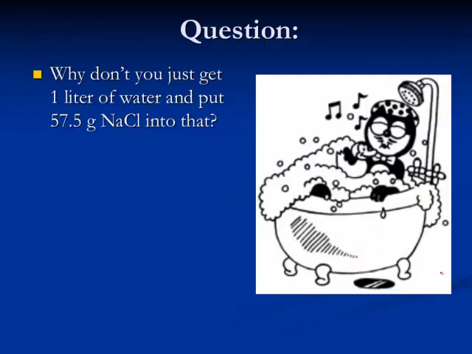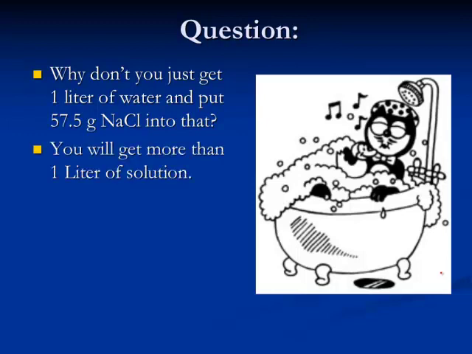Alright, well, here's a really valid question. Why didn't I just take 1 liter of water, you know, take that volumetric flask, fill it up to the 1 liter mark, and then add my mass to that? Why didn't I just do it that way? Well, I think many of you guys have had this experience. If you fill up your bathtub to the brim and then you step inside, the water will overflow.